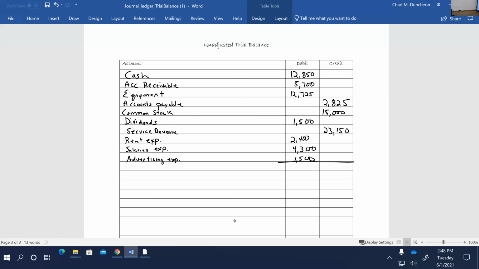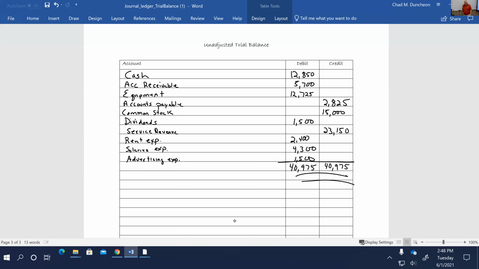Added them all up, I got 40,975 as my total debits. I look at my credits. And I get 40,975. My debits and my credits balance. This is a good trial balance.